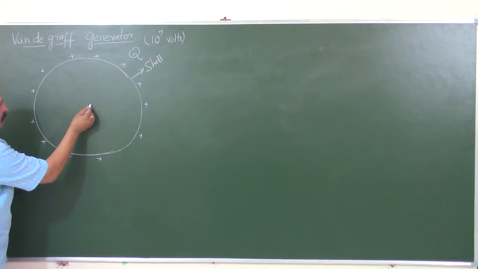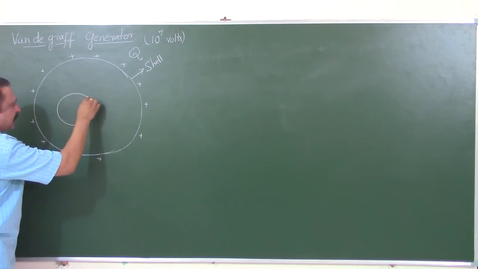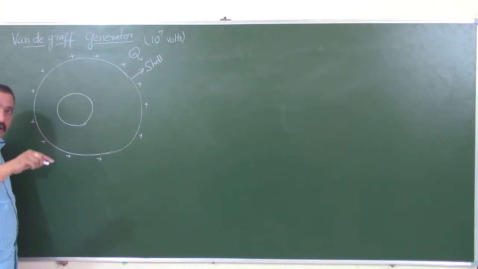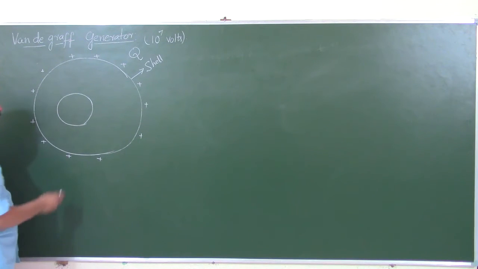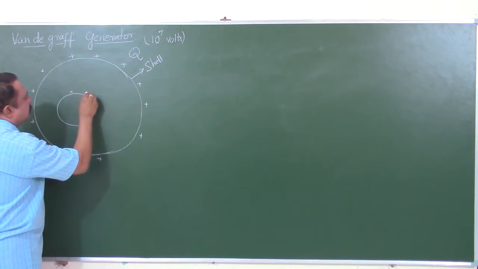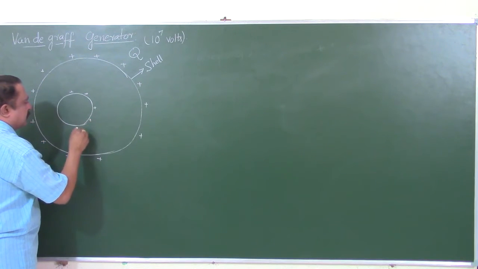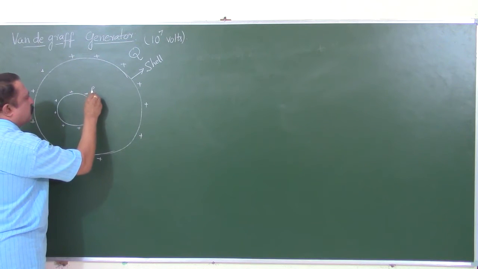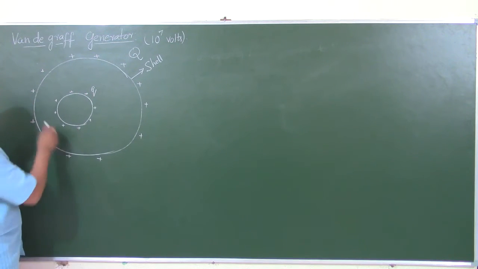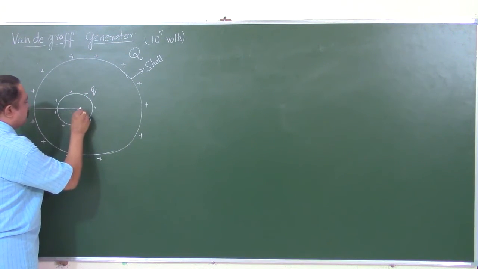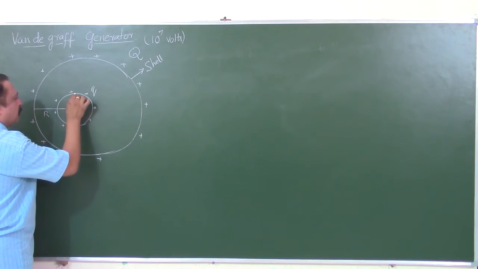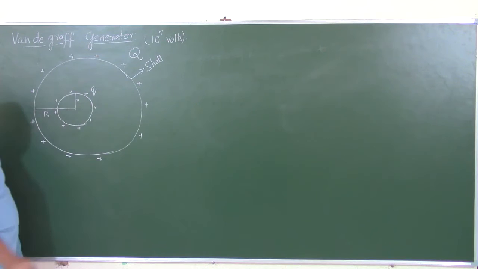Now, let us bring a conductor which is in the shape of a sphere. This holds good for any shape of the conductor. This conductor, which is inside the shell, is charged to small q coulomb. Now, let R be the radius of the shell, and smaller r be the radius of the sphere.